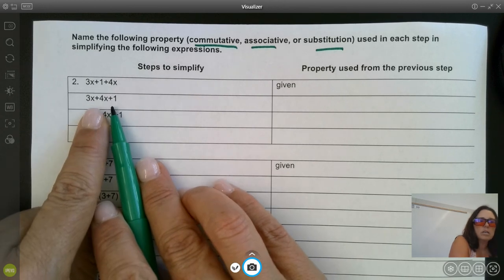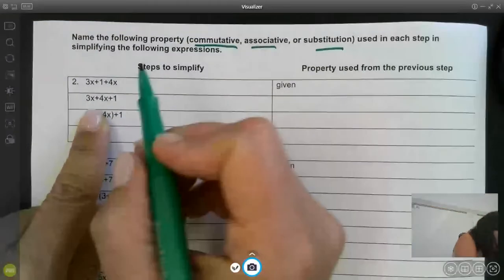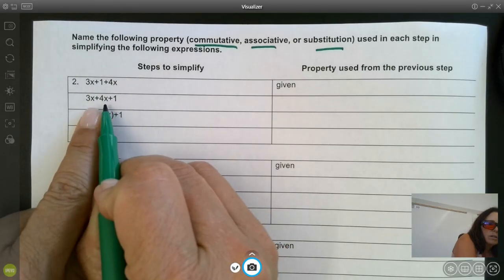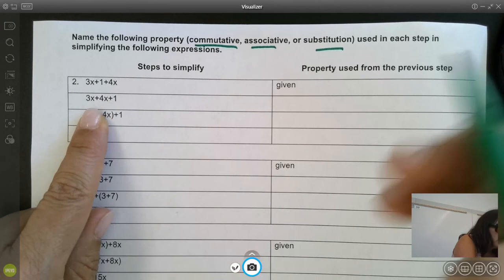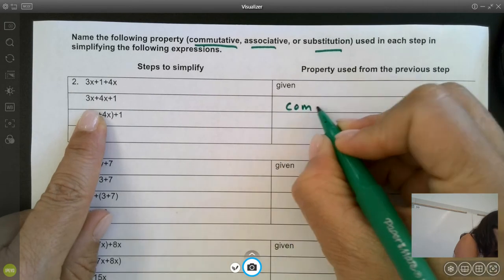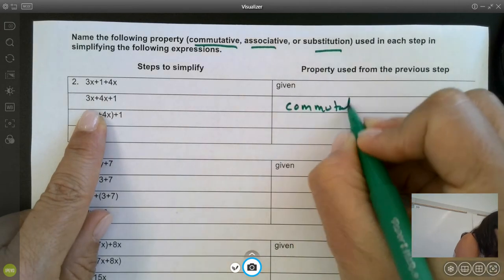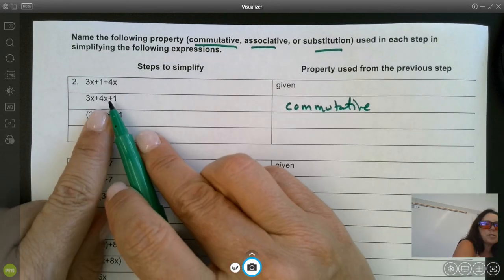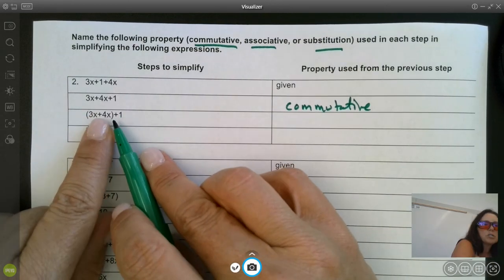Do you see that the 1 and the 4x were flipped around? That's called commutative. Okay, now what's happening from this expression to this expression?